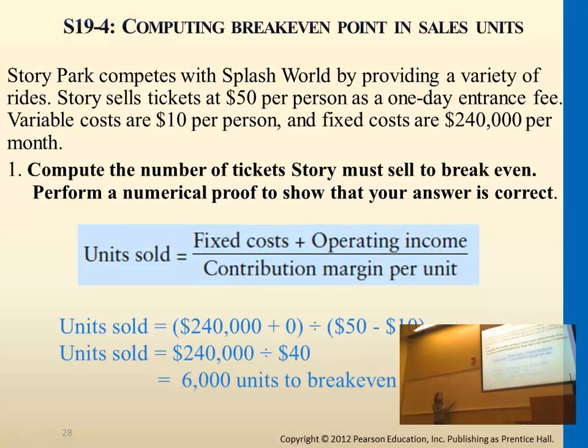We have to multiply by per ticket revenue 50, so we should be able to get 300,000, right? 300,000 sales revenue, and then we minus variable cost $10 per person of 6,000, so variable cost is 60,000. Then fixed cost, 240.